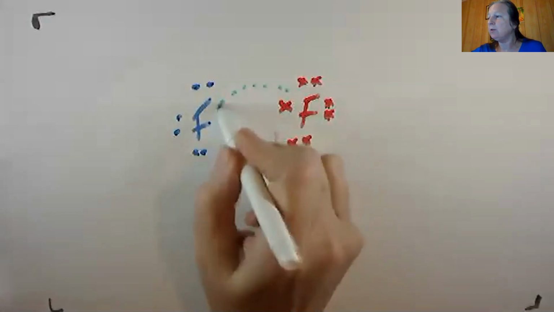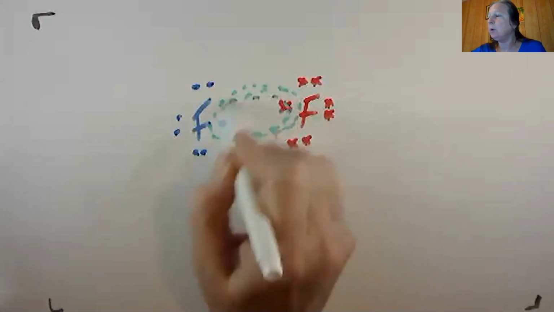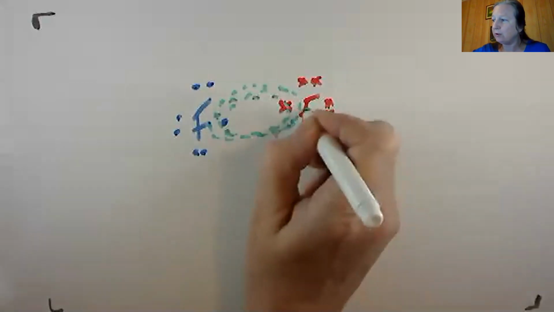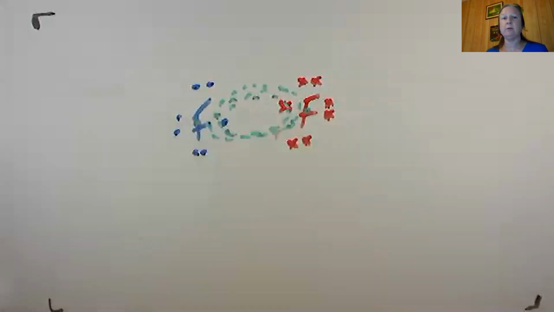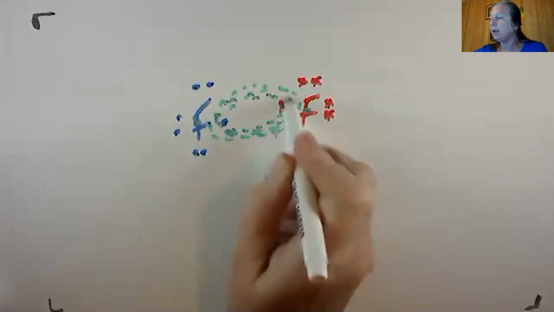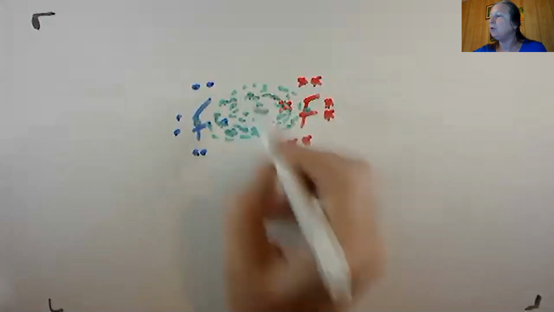And the electrons will circulate in the space between the two fluorine atoms. Remember, you've got your nucleus here with your protons. So the electrons actually are going to circulate around, and this filling of the space is your bond.